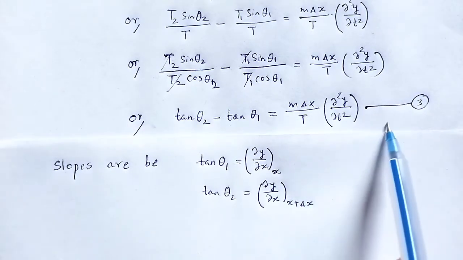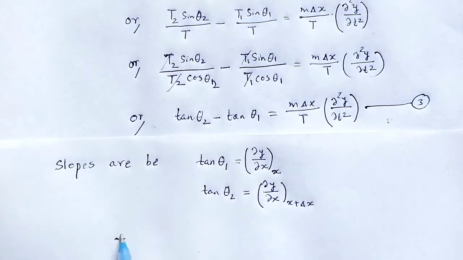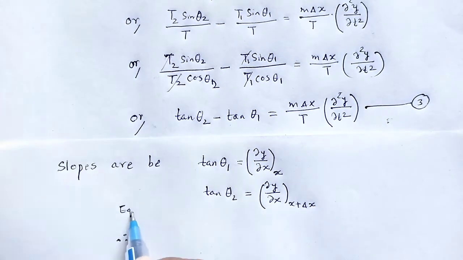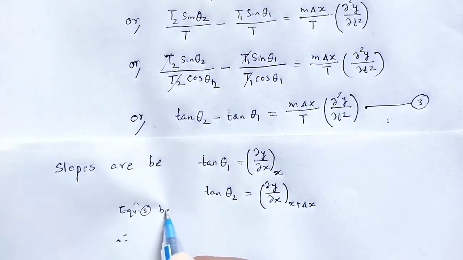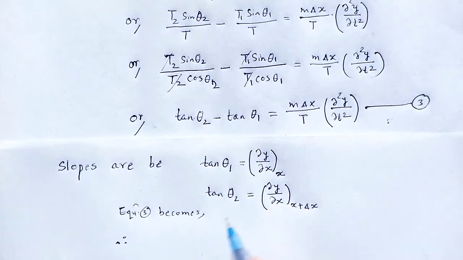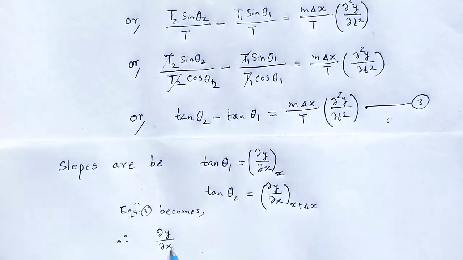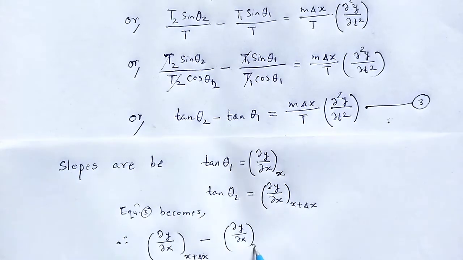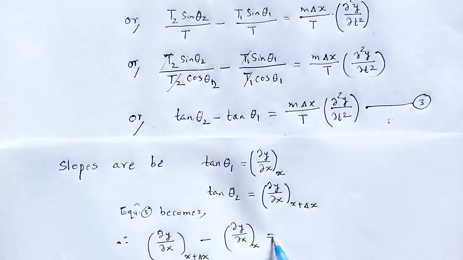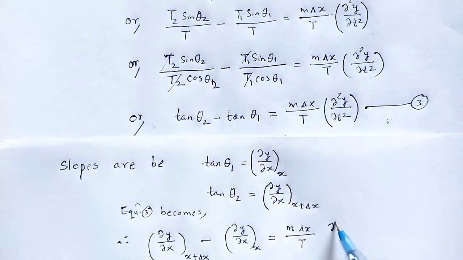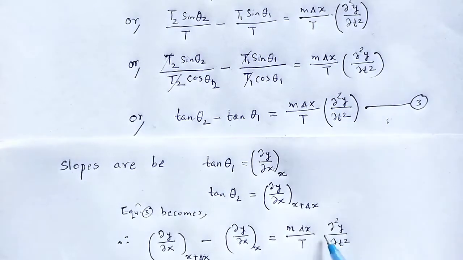Hence equation 3 becomes tan theta 2 minus tan theta 1, that is del y by del x at x plus delta x minus del y by del x at x, is equal to m del x by T del 2y by del t2.